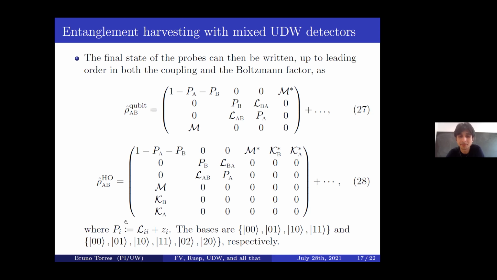So this is the important bit. Everything looks identical to the case of pure probes entanglement harvesting, except for a renormalization, let's say, of the populations of the first excited states.